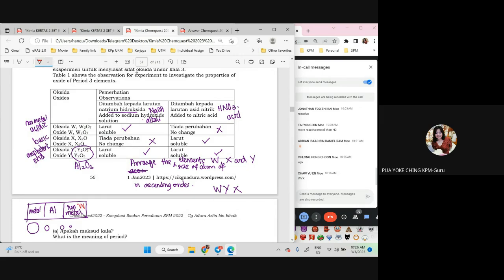W is here, Al here, and your basic is your metal oxide, so your X is here. According to ascending order, it will be W, Y, X. So remember, metal on the left, non-metal on the right.